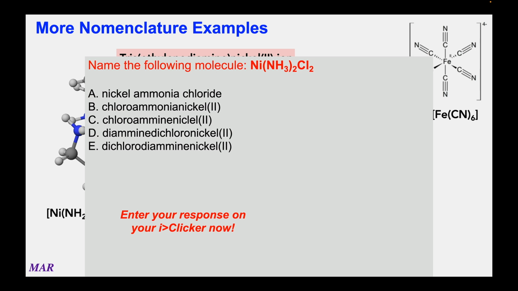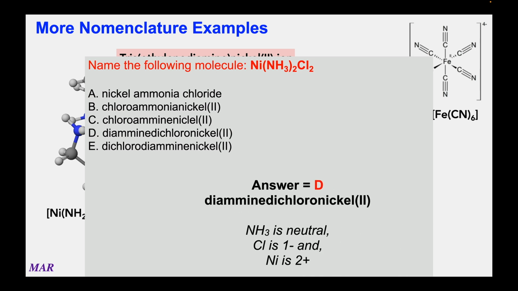Overall, there's no net charge, so we have to figure out the charge on the nickel. 2 ammonias are neutral, but chloride is -1, and there are 2 of them. Nickel has to balance that out with a +2. I think this is going to be answer D, diamminedichloronickel(II), and we'll be good to go.